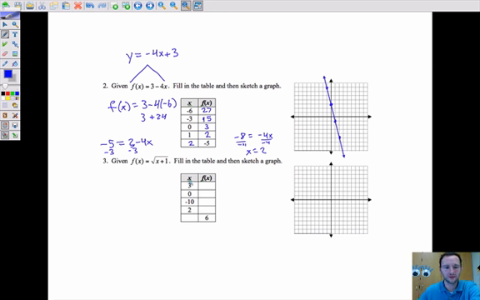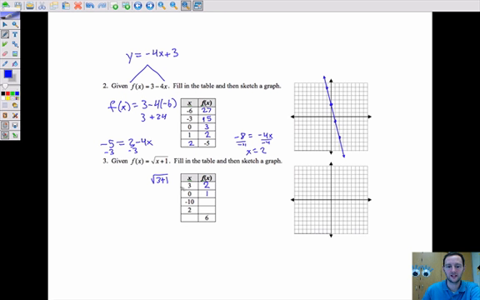Over here, plug in the different values for x. So this would be square root of 3 plus 1, which would be square root of 4, which is 2. Square root of 0 plus 1, that's square root of 1, which is 1. Square root of negative 9, that doesn't exist.